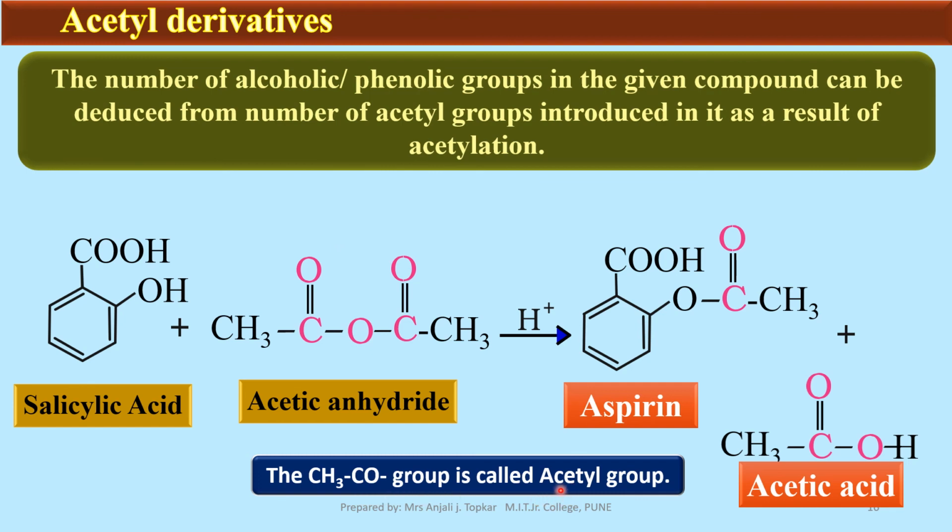The acetate esters of alcohols or phenols are also called acetyl derivatives of alcohols or phenols. Aspirin, a well-known generic medicine, is an acetyl derivative of salicylic acid, formed by its acetylation using acetic anhydride.